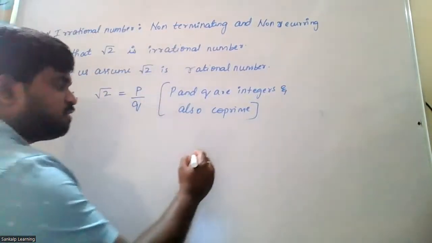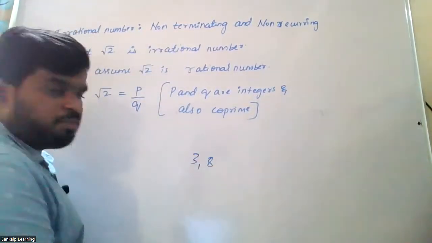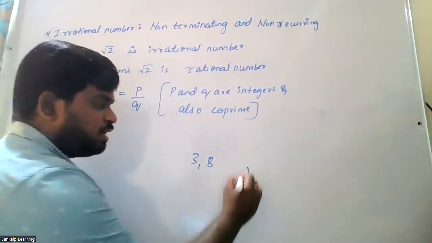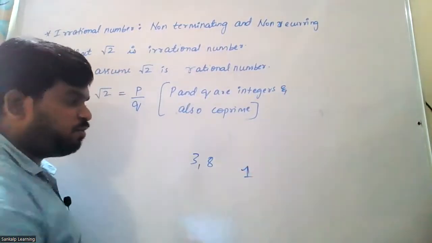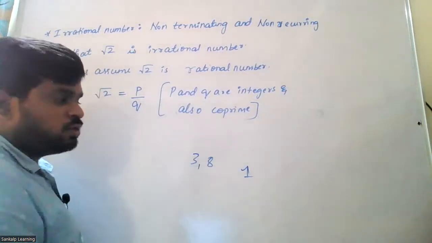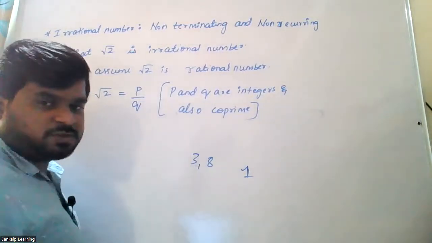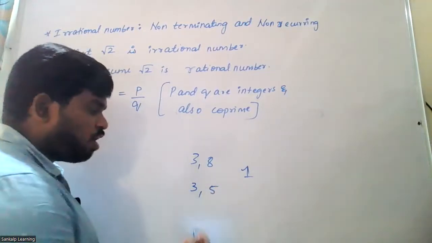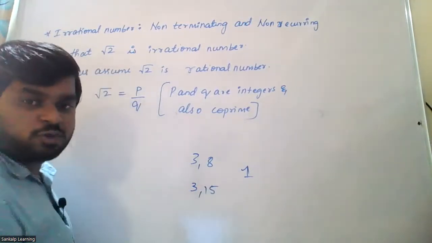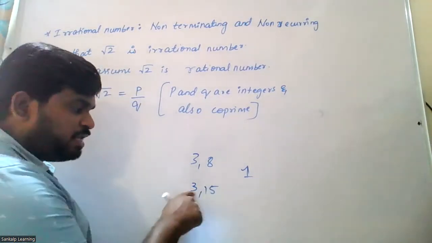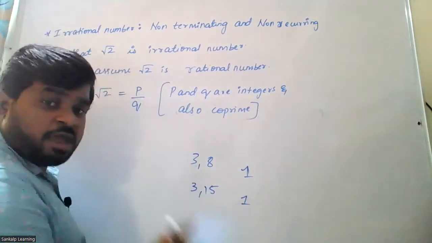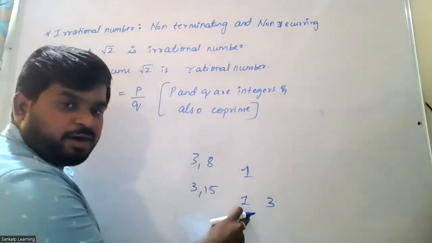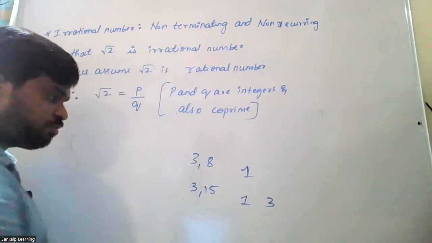For example, let's take 3 and 8. Which is the number that divides both 3 and 8? It is only 1, isn't it? Other than this, there is no number which is going to divide both. So 3 and 8 are said to be co-primes. Another example, let's take 3 and 15. I cannot say 3 and 15 are co-prime, because these two numbers are divisible by 1 and also by 3.